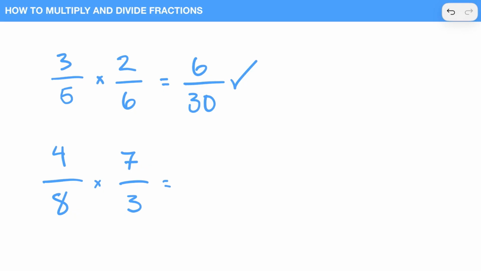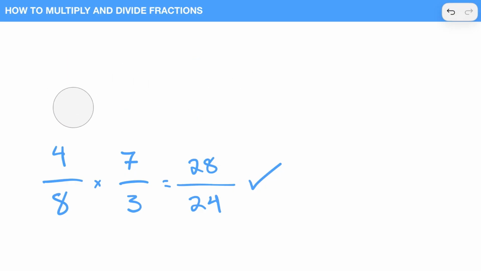On the second question, 4 times 7 is 28, and 8 times 3 is 24, and that's our answer. So that's how you multiply fractions. It's pretty straightforward, but let's now talk about dividing fractions.